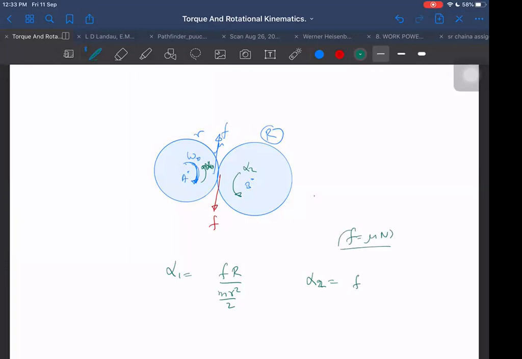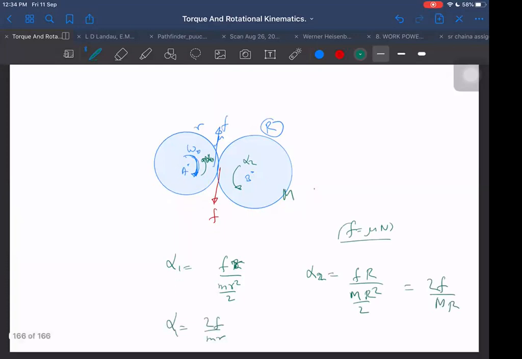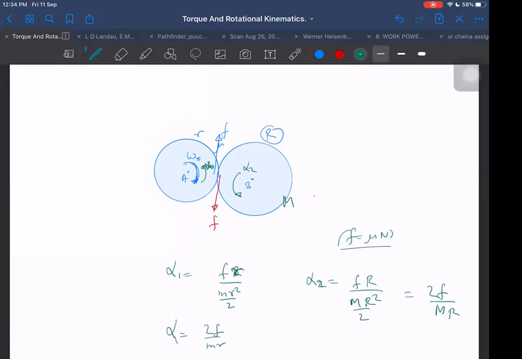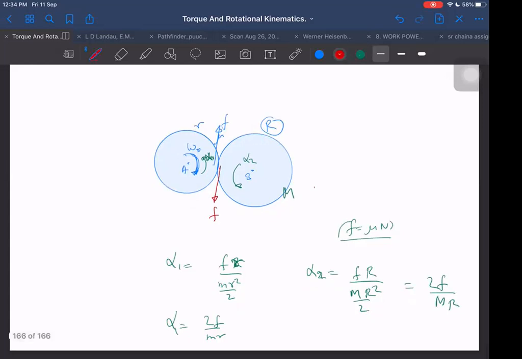F into small r, other side capital R upon mass, let us say capital M, into R square by 2. Then we get F by M into 2 by R. What is alpha 1? 2F by M into R. Once we know alpha 1 and alpha 2, can we get the acceleration from there?